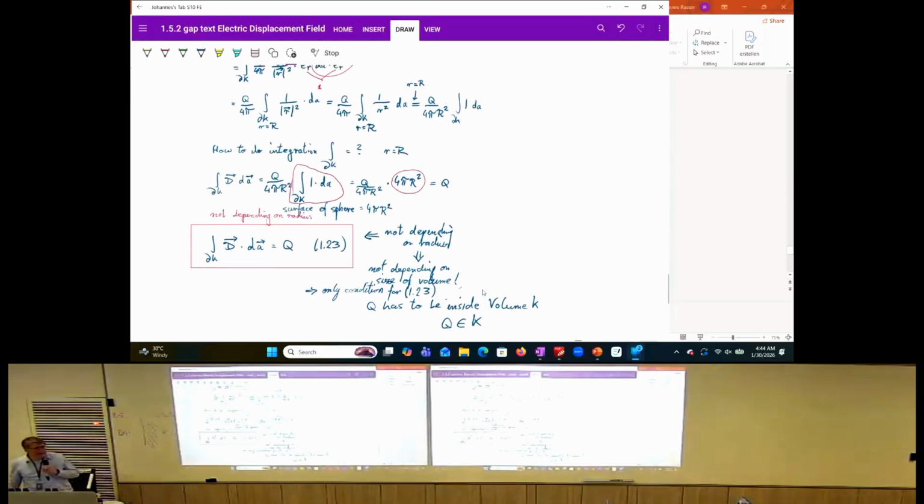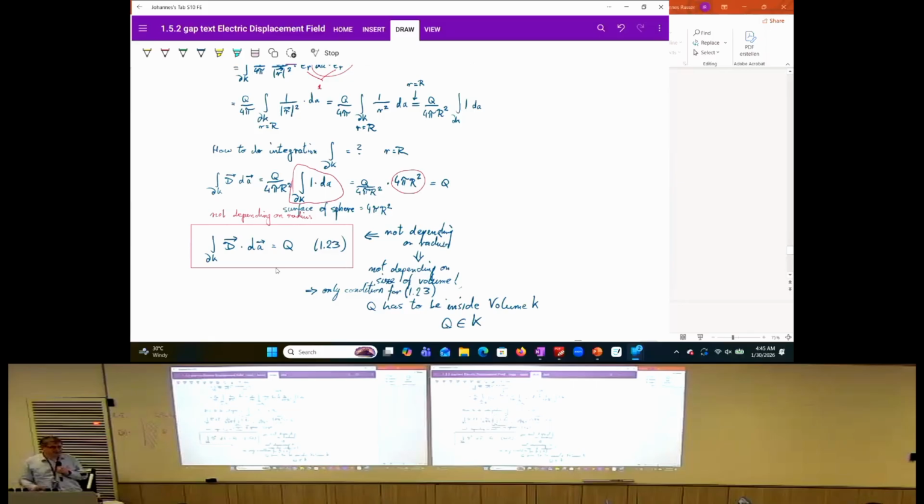And if you integrate the flux that is flowing through the enclosing surface over the entire closed surface, then as a result you get the value of all the charge that is included within this volume.